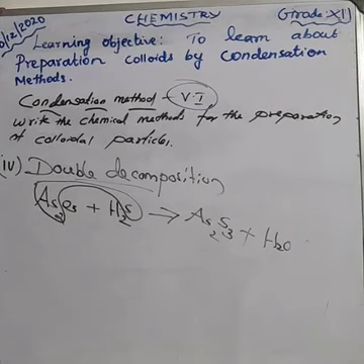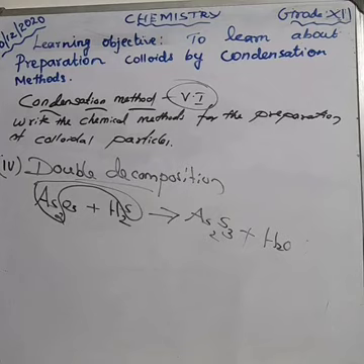Here arsenious oxide reacts with hydrogen sulfide. We get arsenious sulfide plus water molecules. The reaction should be balanced, the equation must be balanced. How can you balance the equation? Arsenic is 2 on the product side and 2 on the reactant side.